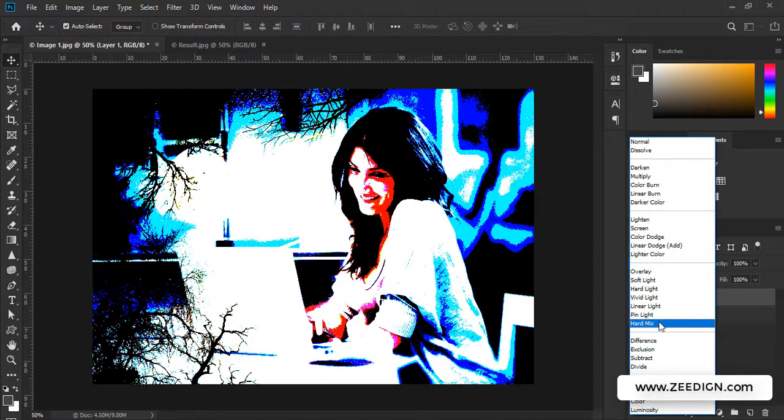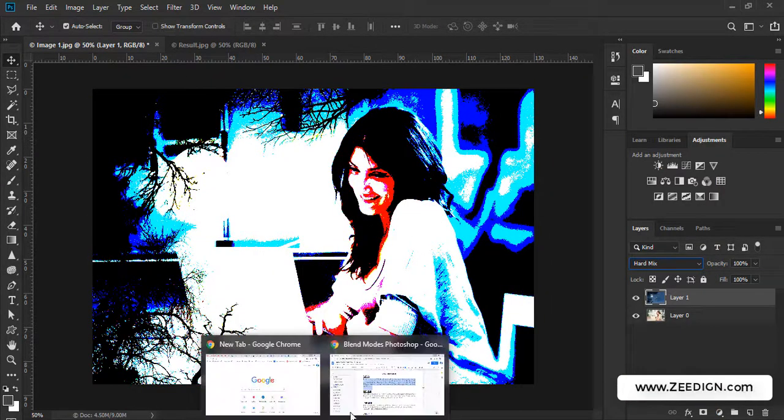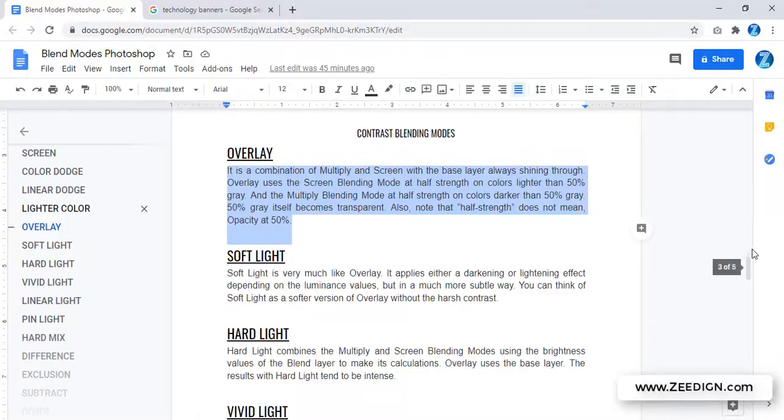Now hard mix is visibly different from the others in this category, because hard mix has very few colors. I think it has a very limited number of colors being used here, not all colors, and we will learn about that. So I will keep the hard mix selected for now, and let's get back to the definitions.